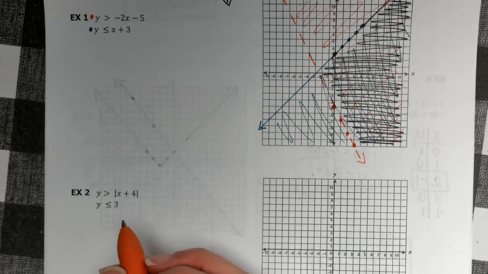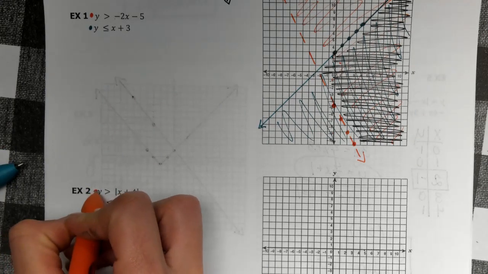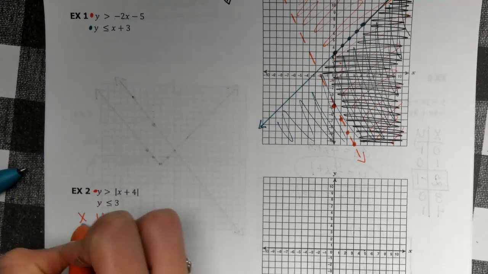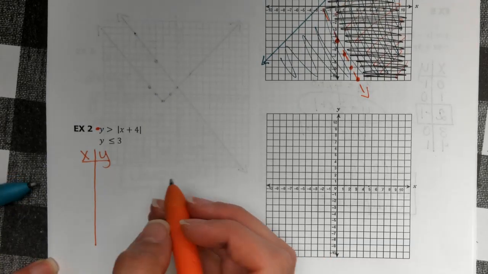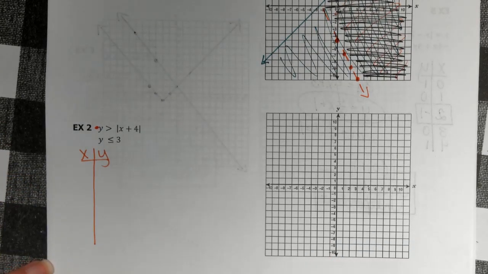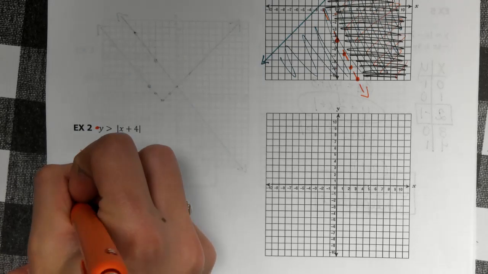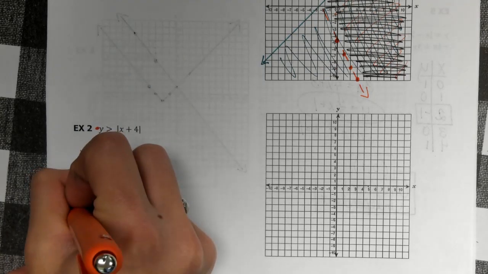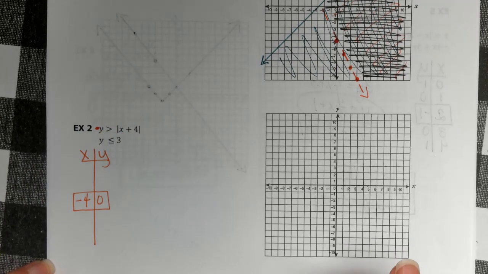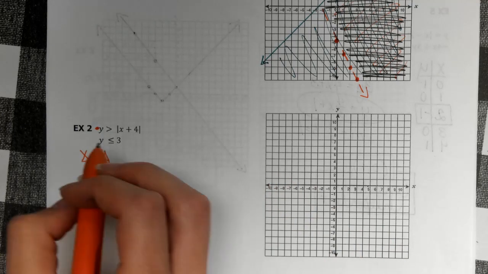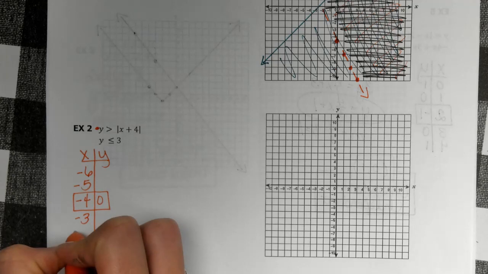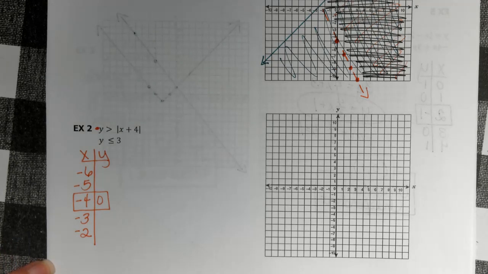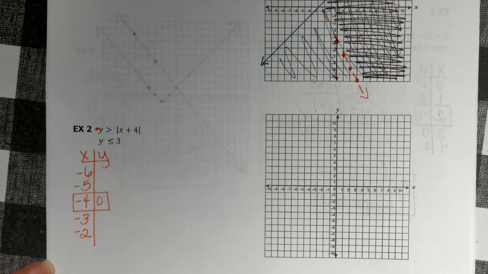Okay, so now example 2, I've got the absolute value of x plus 4. Absolute value needs a t-chart. What's my vertex? Negative 4, 0. And so I'm going to have negative 5, negative 6, negative 3, negative 2. Okay.